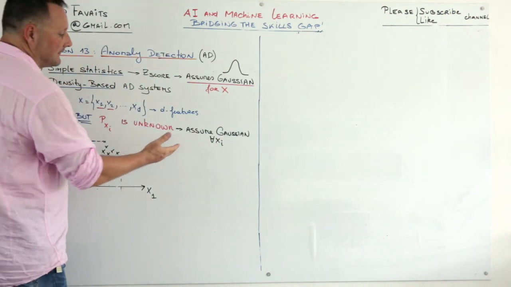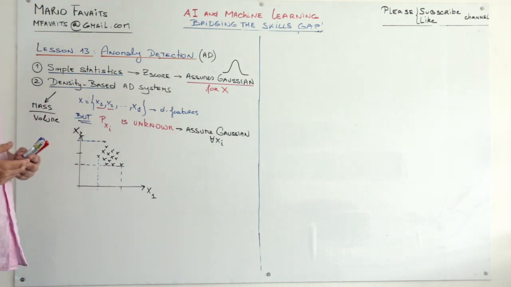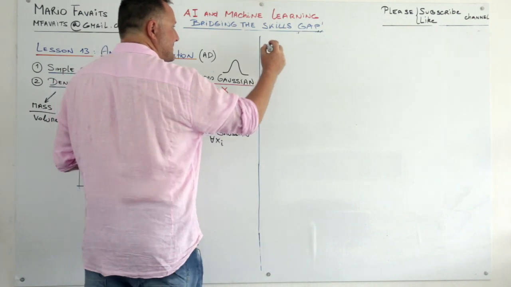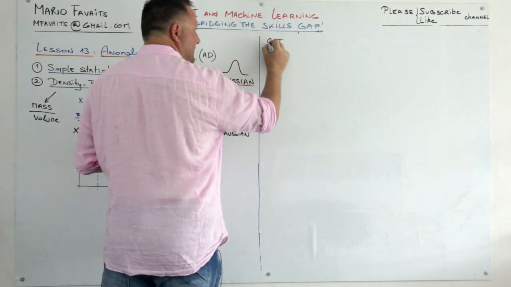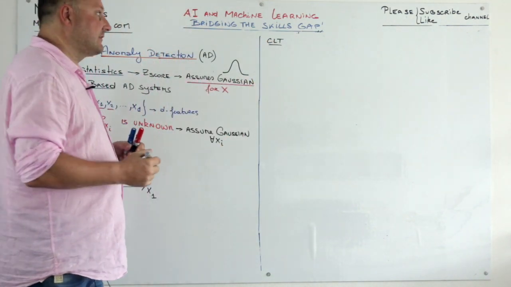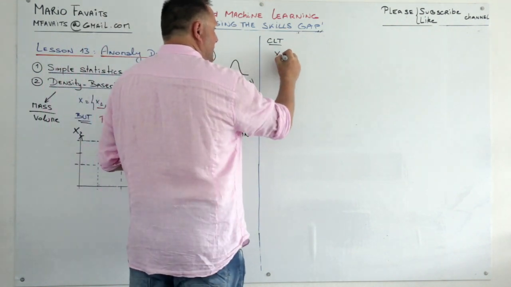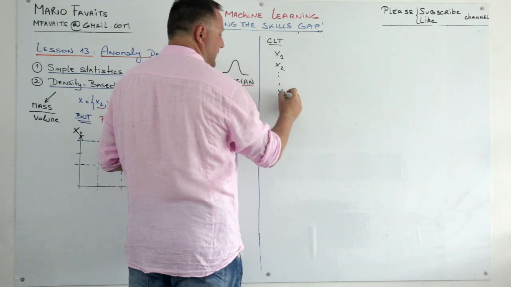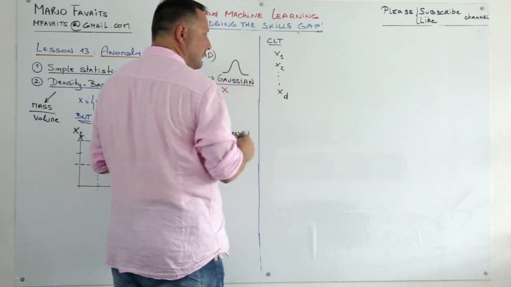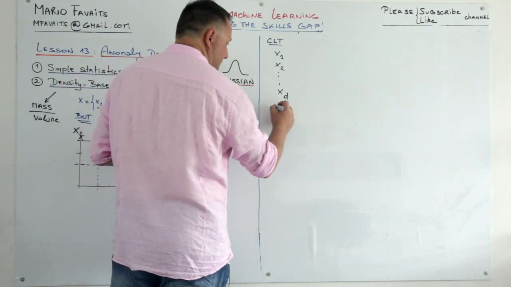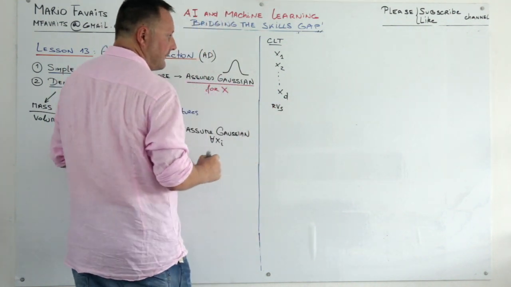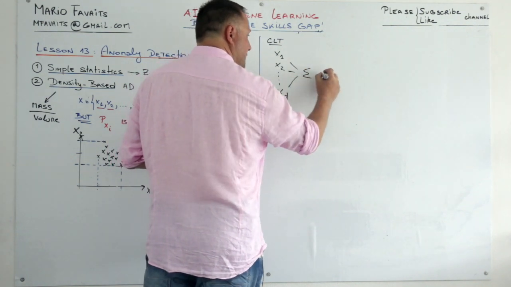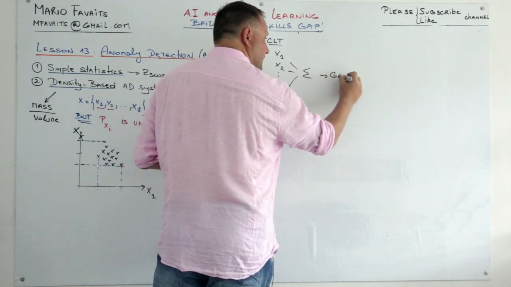Now again, is this a big assumption or not? Well, in one way, yes, but remember that in statistics we've looked at what we call the central limit theorem. What does the central limit theorem say? If you have random variables x1, x2, all the way to xd, and you combine them and add them all up, you will have a Gaussian.